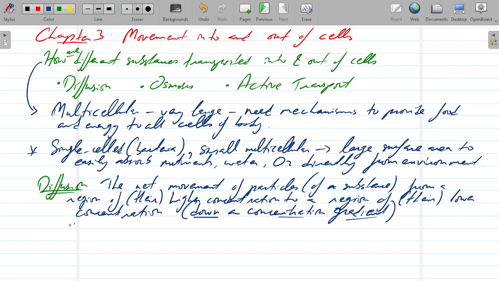And this happens as a result of random movement.